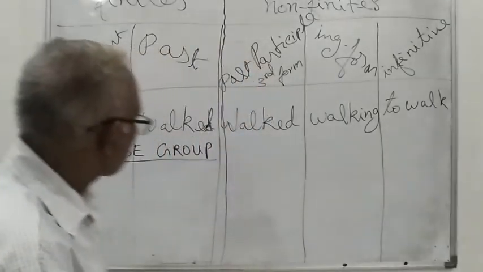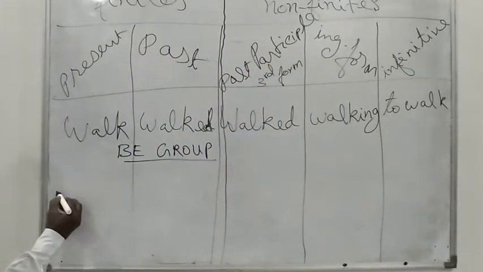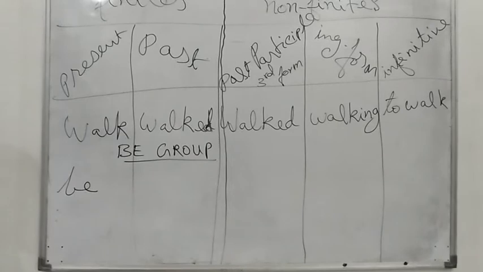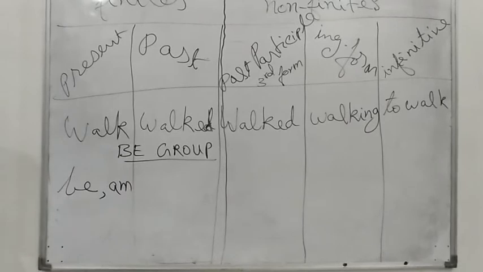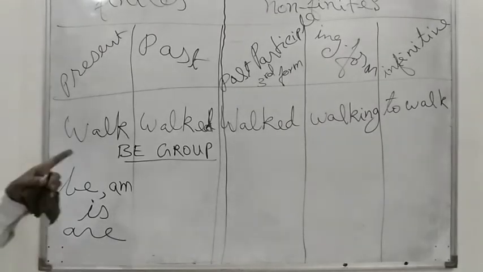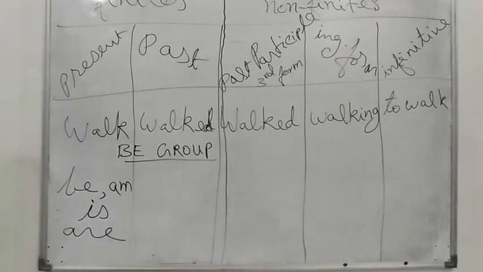Which are they? The very word be, the word am, the word is, the word are, all these belong to B group, and all of them are present tense, present form. They can give time by themselves.